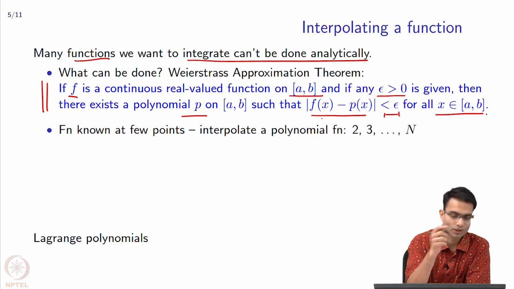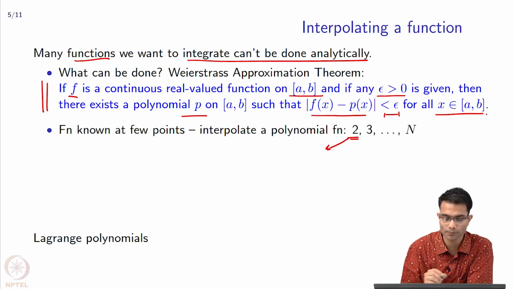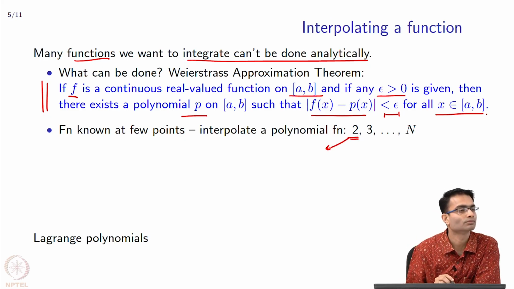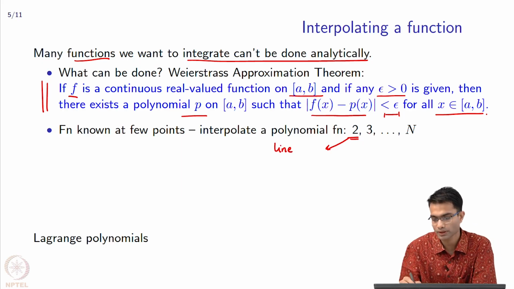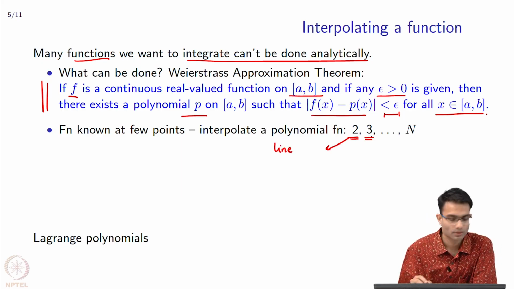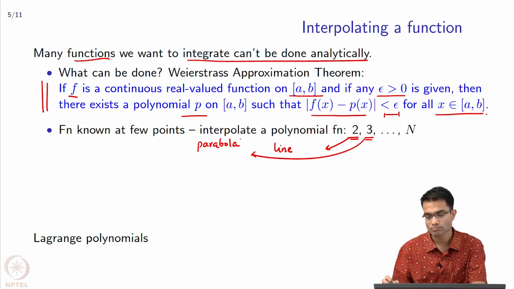You saw that, for example, if I take 2 points over here, with 2 points I can perfectly put a, what can I do? What kind of a polynomial can I fit with 2 points? Linear, right? So this is a line. 3 points, I can do a parabola. And so on.